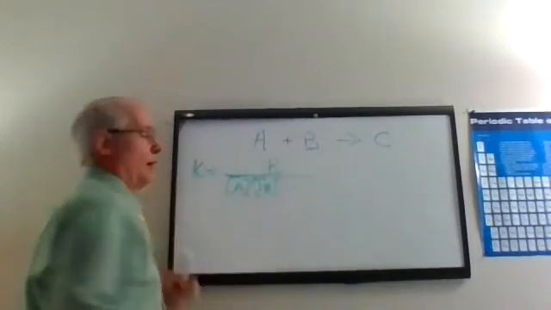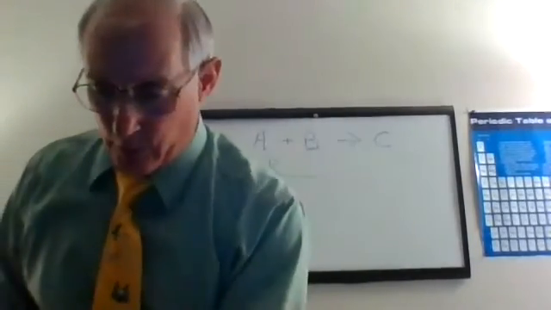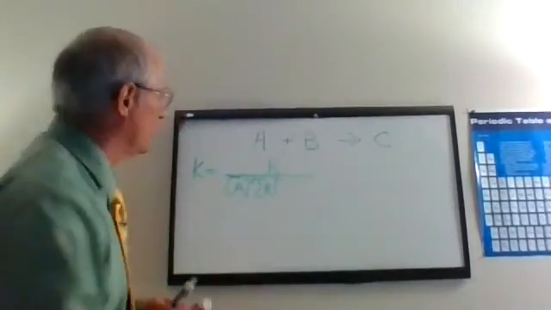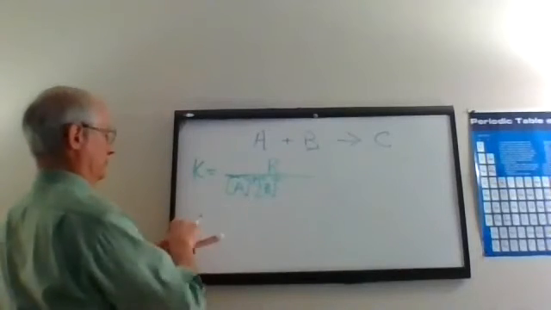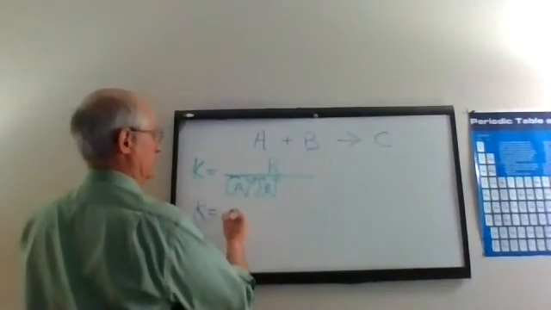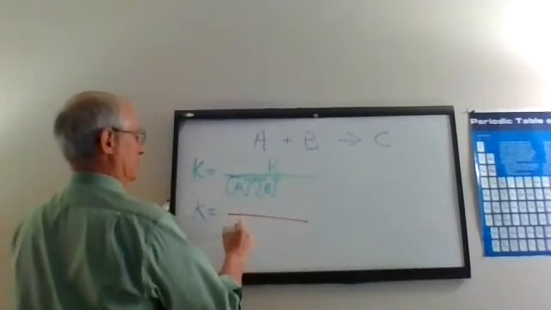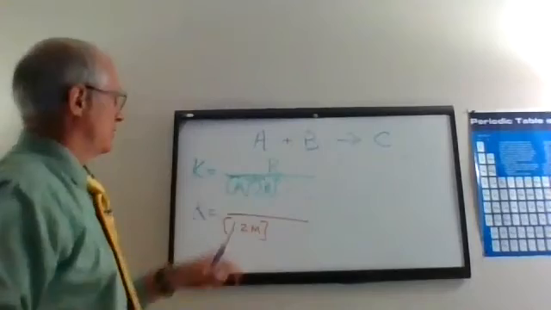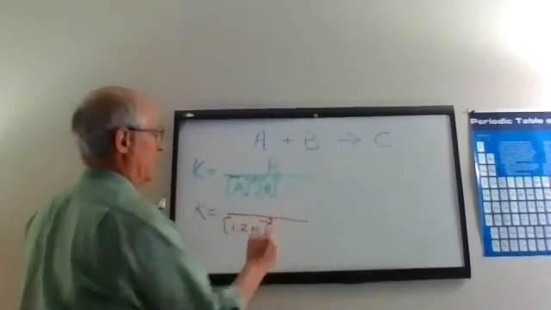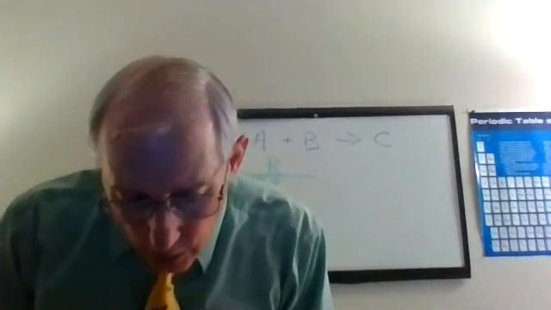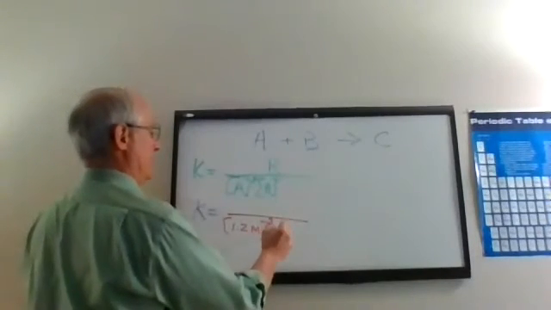Now pick any one of those experiments you want. It doesn't matter. Let's do experiment 1. The concentration of A was 1.2 molar, and don't forget to square it, part of the rate law. And the concentration of B was 2.4 molar in experiment 1.